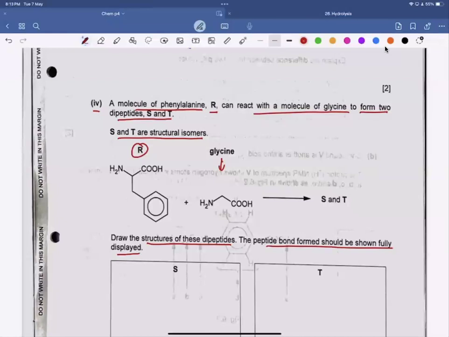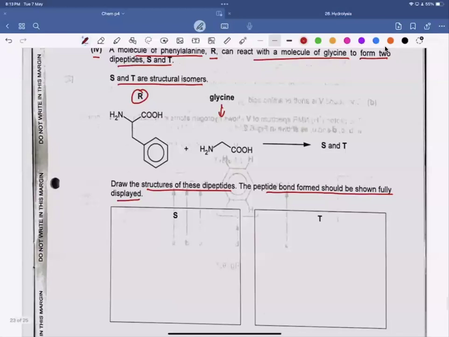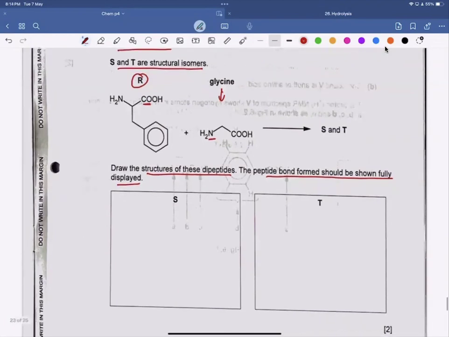So if you have to show two dipeptides, what you can do in the first case, for example, is bond this OH, this CO, with this nitrogen, right? So let's do this. See what will happen. I will put an H2N over here.